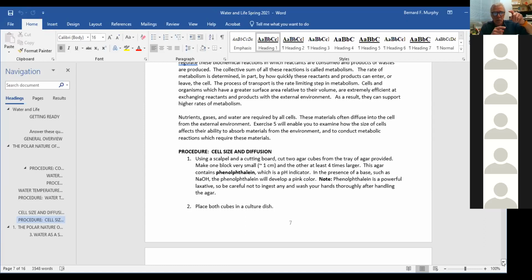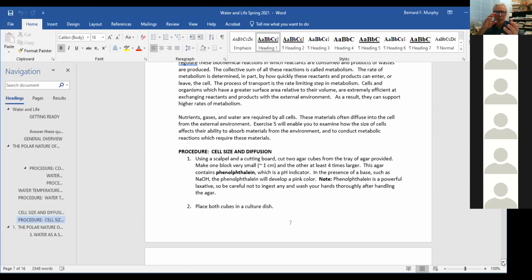So the surface area of one side of the cube is the length times the height, S times S, S squared. That's one side of a cube. How many sides does a cube have? 6.